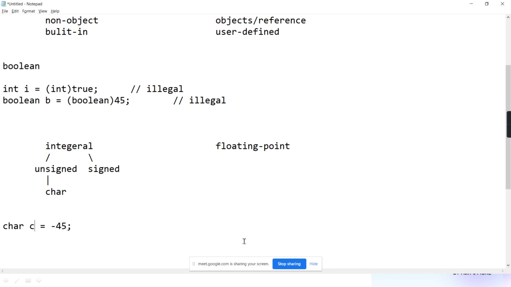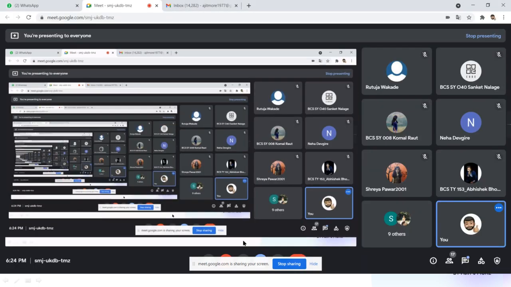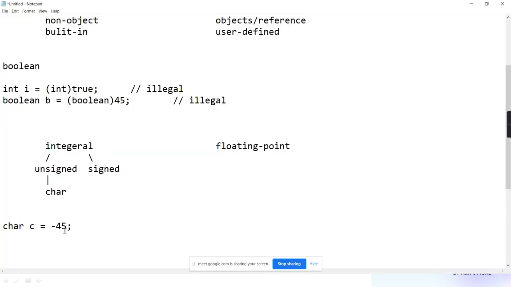But does it happen in C? If I'm creating a character variable in C and I'm trying to assign a negative value, does C give an error or does it store that negative value? If you are knowing that language. In C, if you try to assign a negative value to a character, no error comes, because in C, characters come both ways.